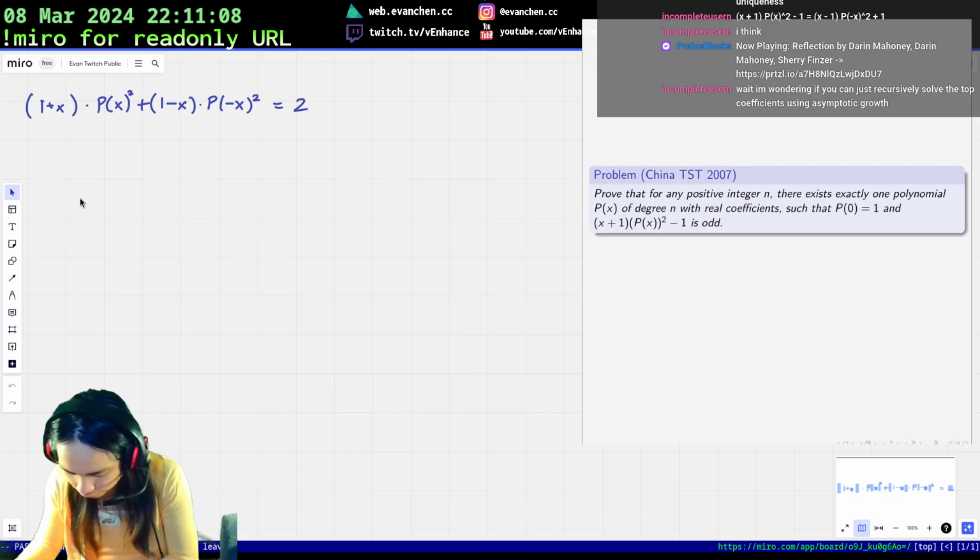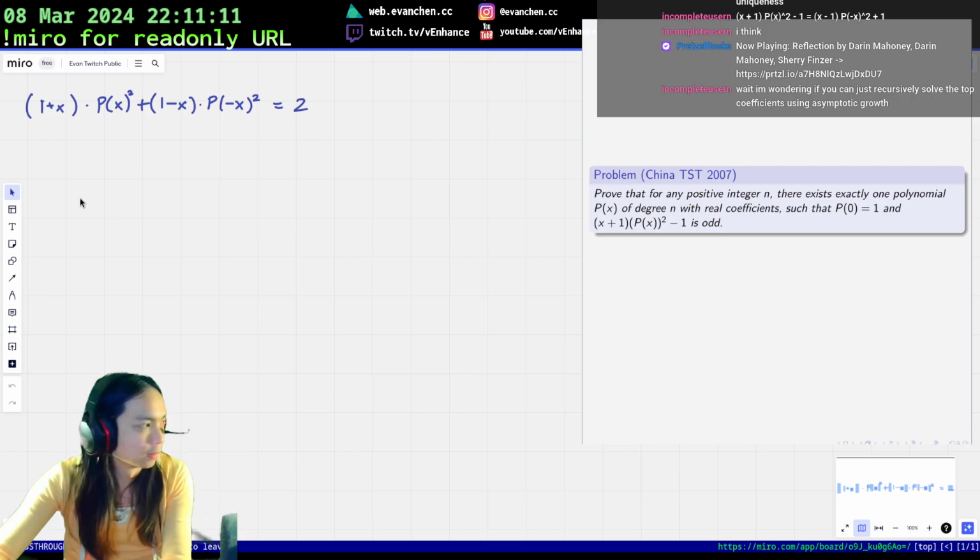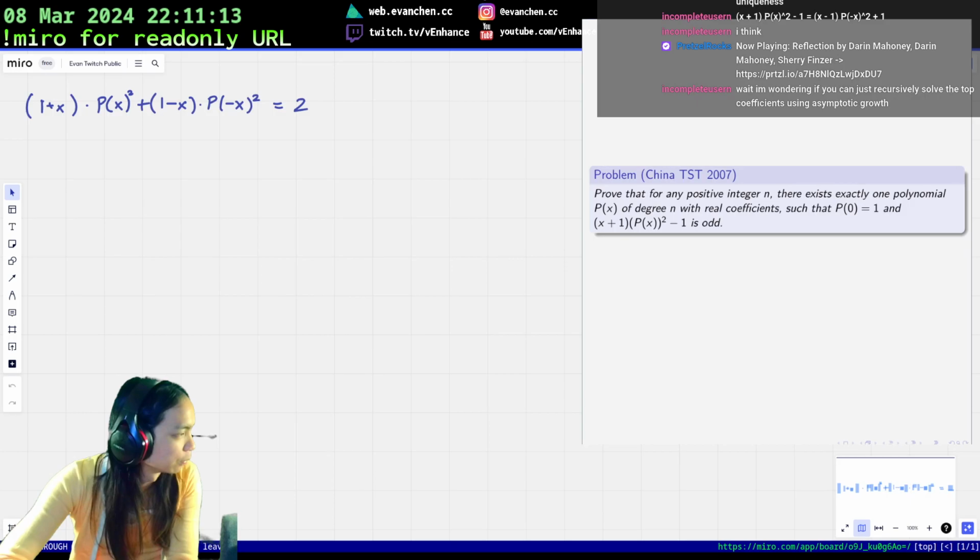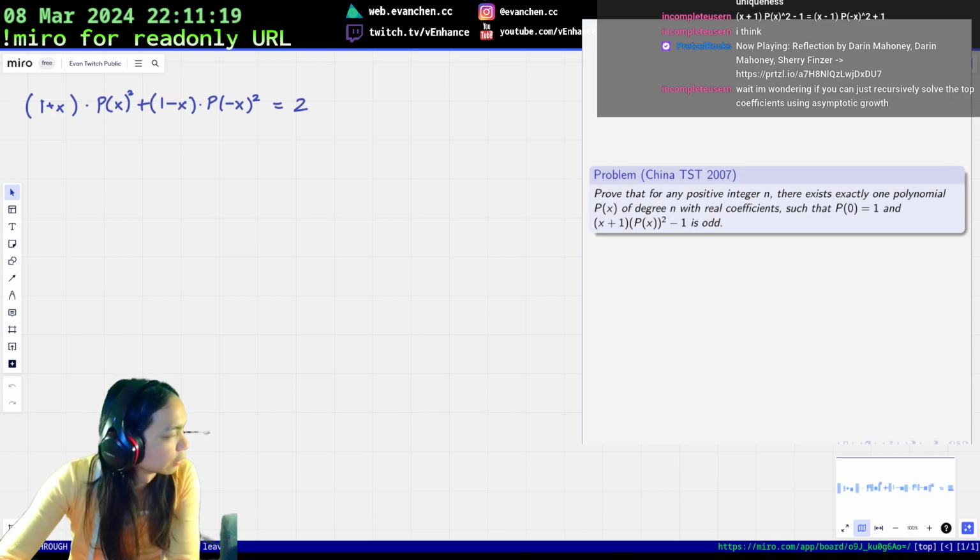I think that's what it's saying. So I'll type that equation, because that's a better way of writing the given: (1+x) p(x²) + (1−x) p(−x²) should be equal to 2.